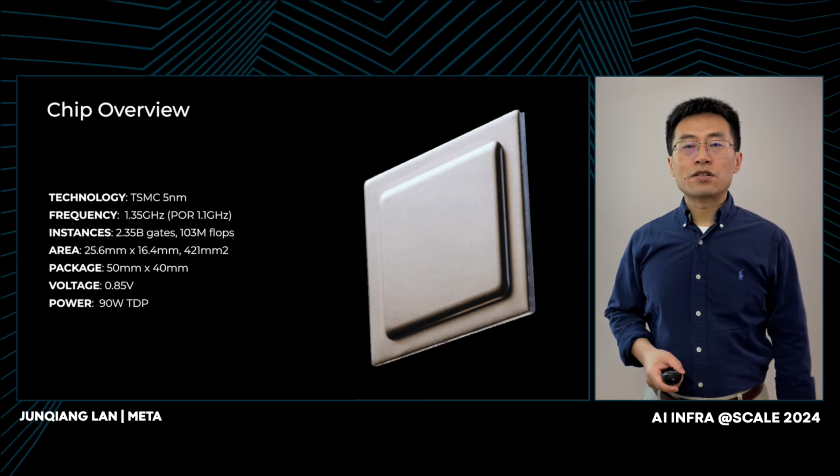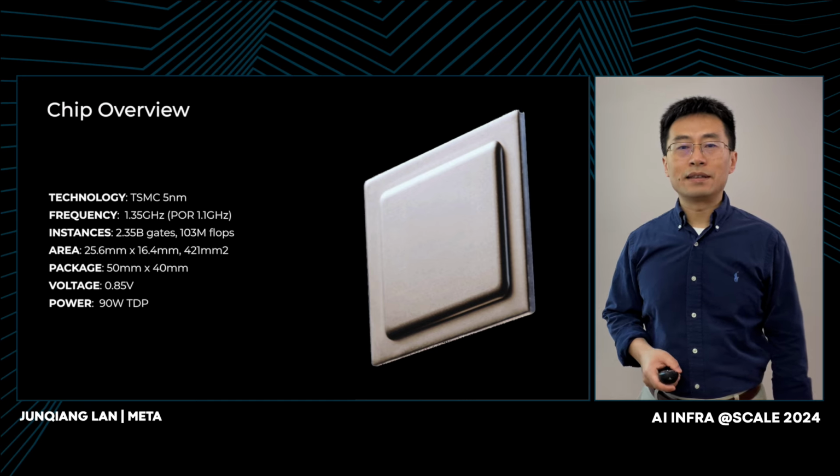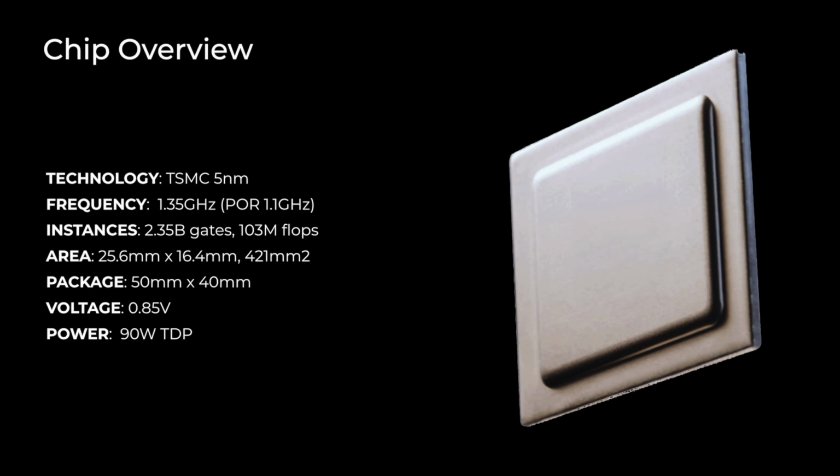The next generation accelerator has landed in our data centers and started serving real traffic. The chip was taped out with TSMC 5nm process. The plan of record targeting frequency was 1.1 gigahertz. But with the margins from solid backend timing closure and also thorough characterization from the lab, we were able to boost it to 1.35 gigahertz, which gives us 20+% performance boost.